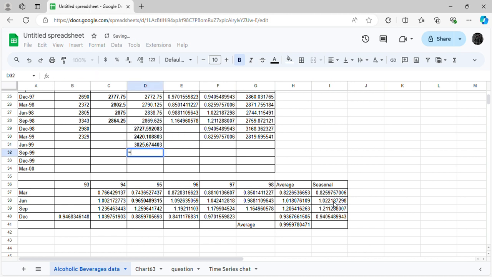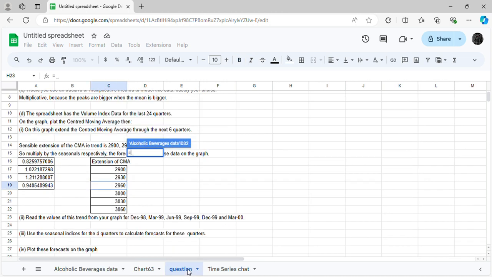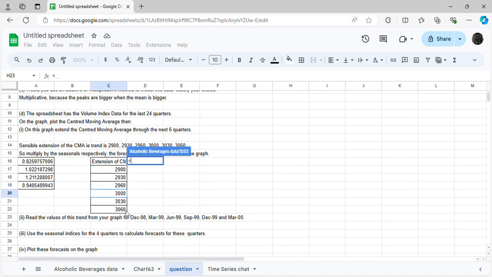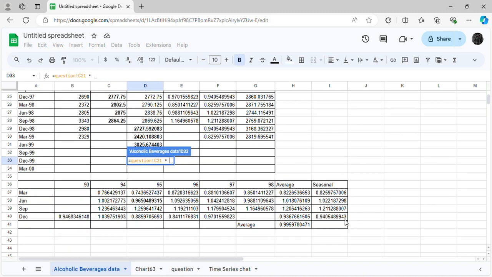And for September 1999, that equals the estimate for September 1999 multiplied by the seasonal index for September. And for December 1999, that equals the estimate for December 1999 multiplied by the seasonal index value for December.